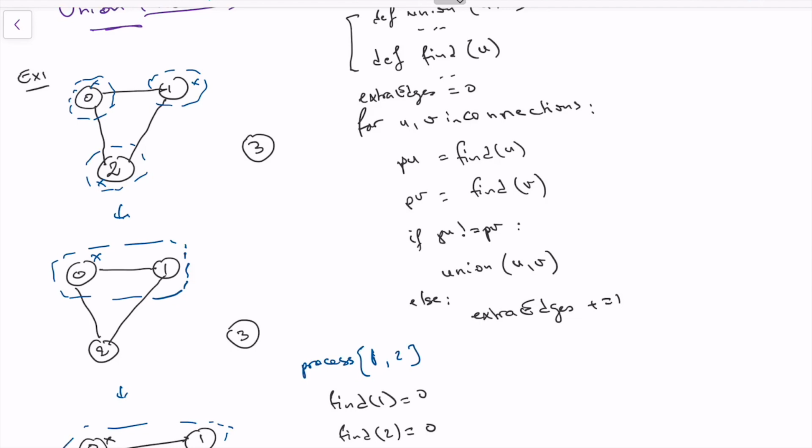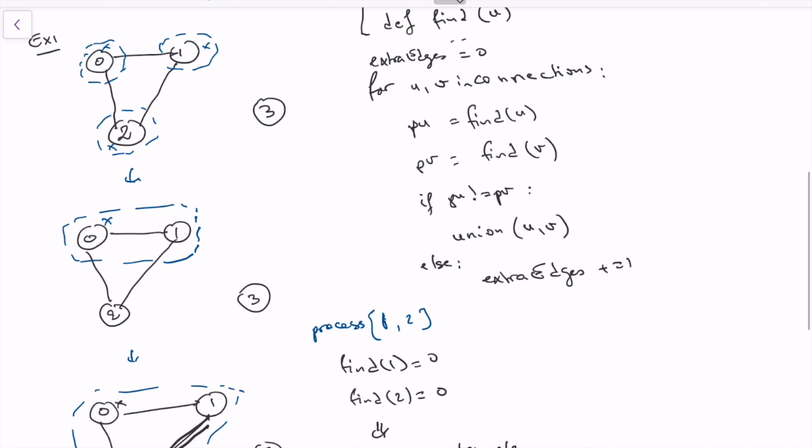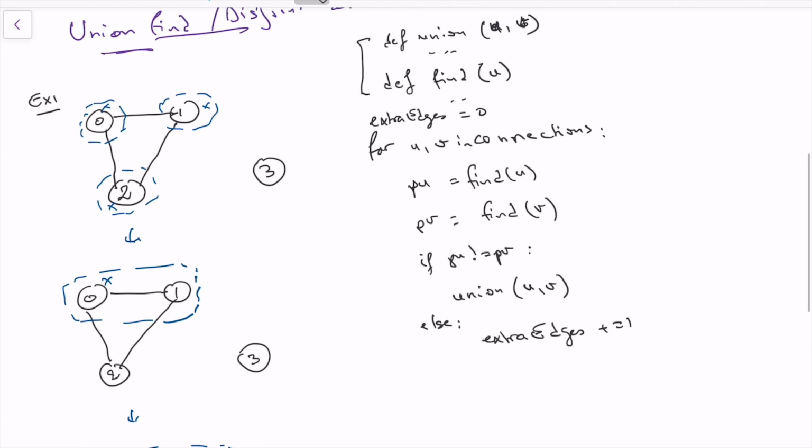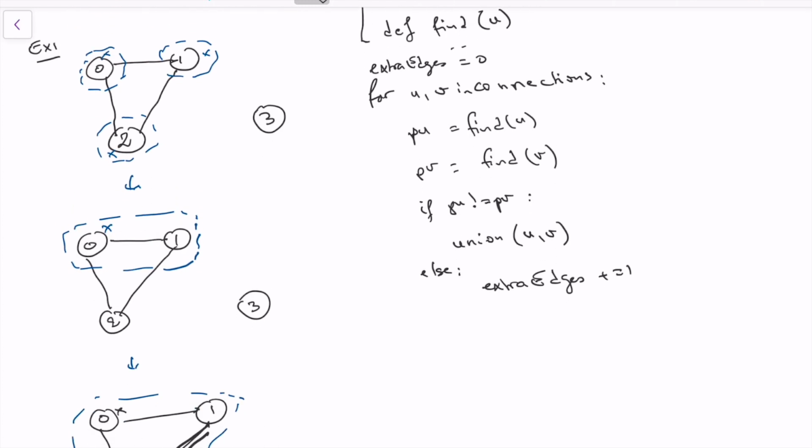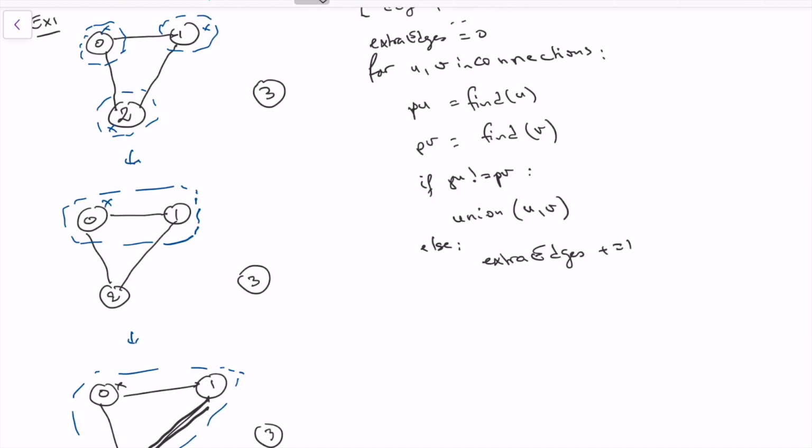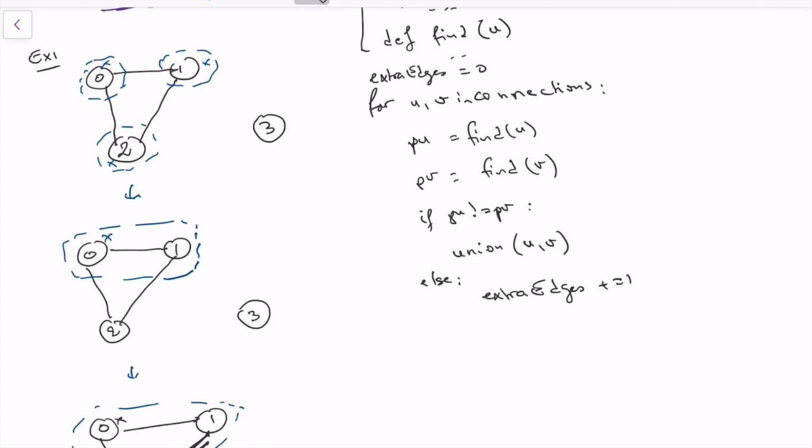And so once we do this, how do we know the number of components? In order to find the number of connected components, we can just do find again, right?